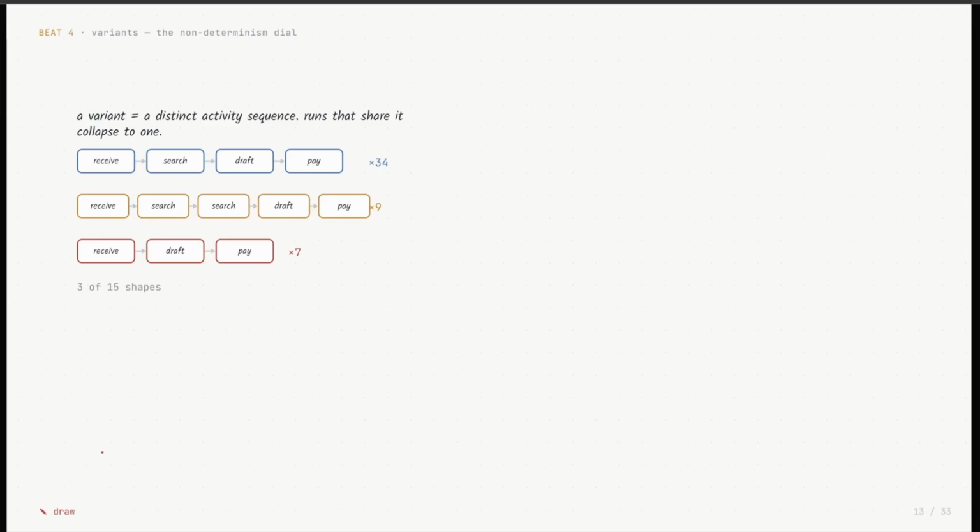Here there is one number most people are misreading, which is the variant. A variant is a distinct activity sequence that runs are sharing. Runs that follow the same sequence collapse into one variant.